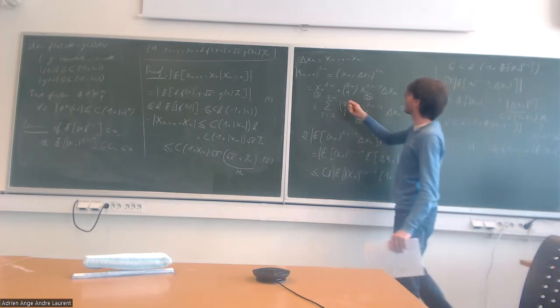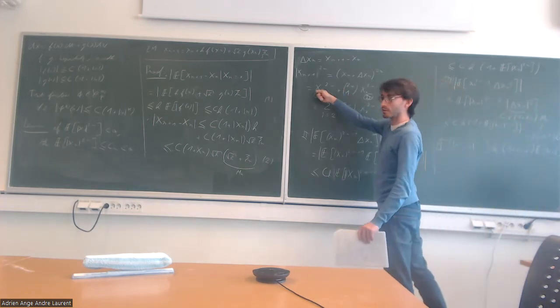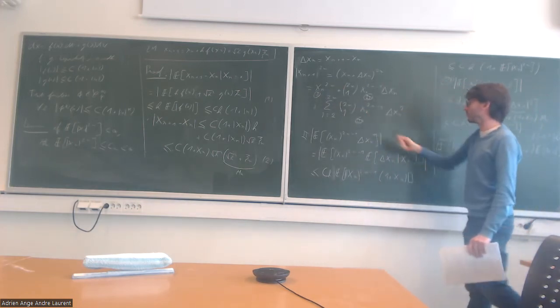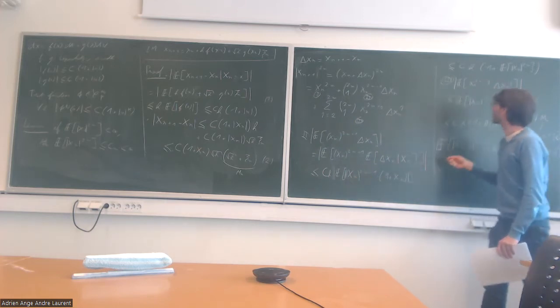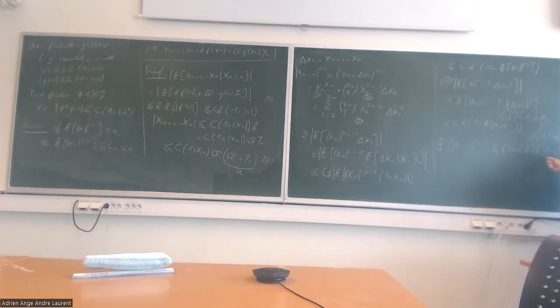This one comes from this term, and from this we get an estimate that gives us the h. So I can just bound this by exponential h, and then I can get the exact formula by induction.